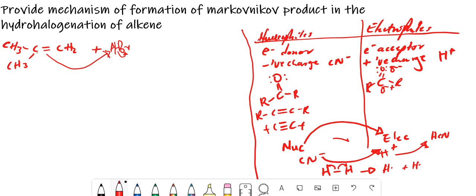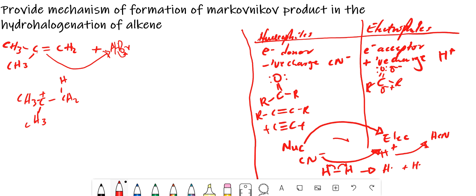So in this case you will have a positive charge forming there because it's the Markovnikov product, CH3. Alright, so if your carbocation, for example, formed here, that will be anti-Markovnikov.